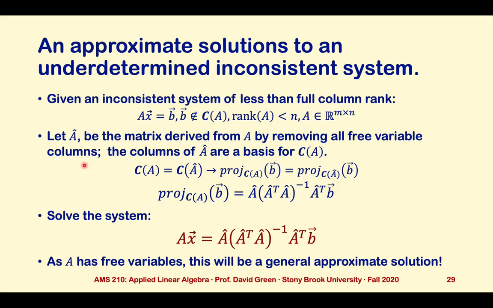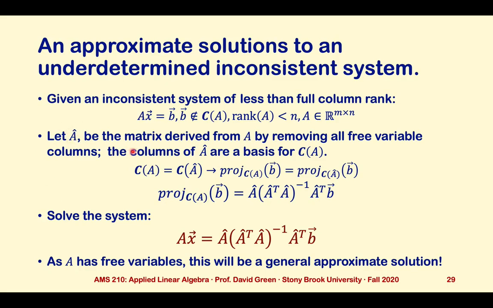Recall that a way to find a basis for the column space is through the casting out algorithm. Identify the free variables and remove those columns from the original matrix. When we do that, we can call the matrix we're left with A hat.